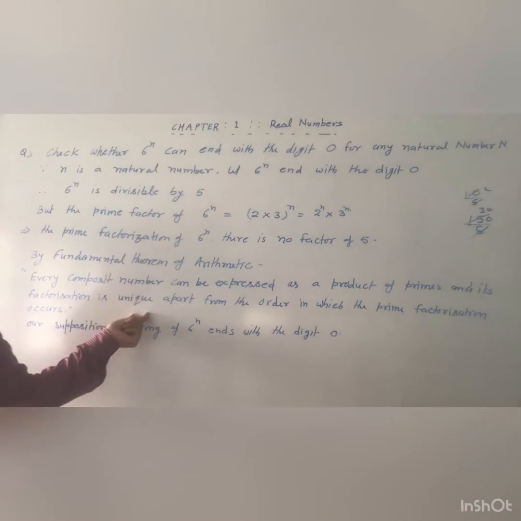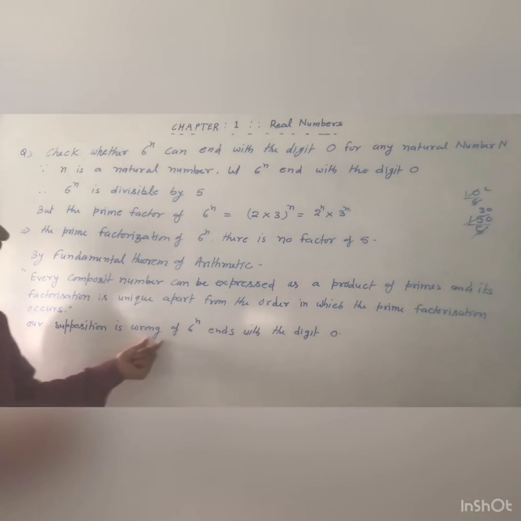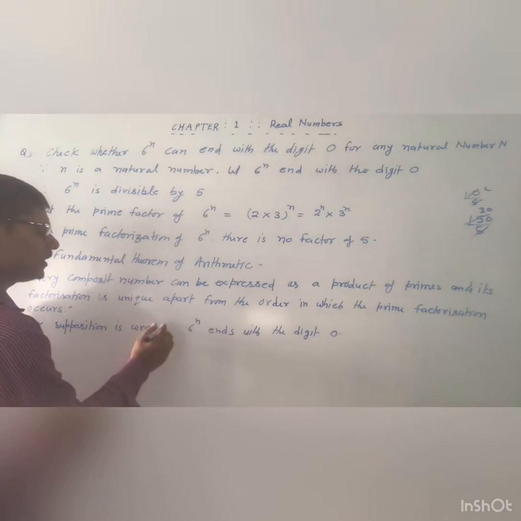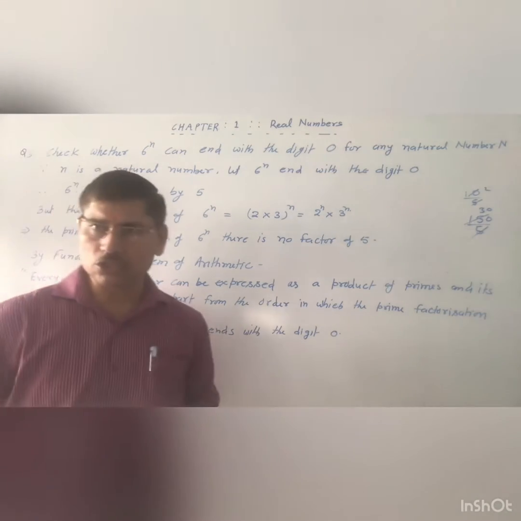Therefore, by the fundamental theorem of arithmetic, we can say that our supposition is wrong, for 6 raised to the power n does not end with the digit 0.